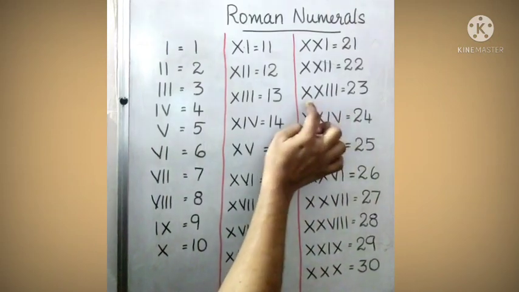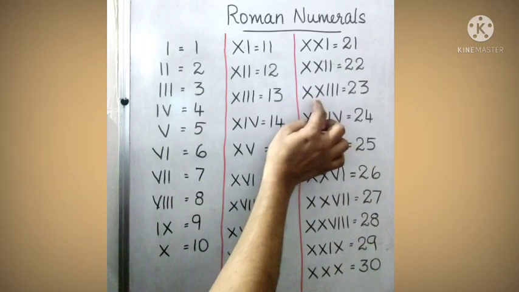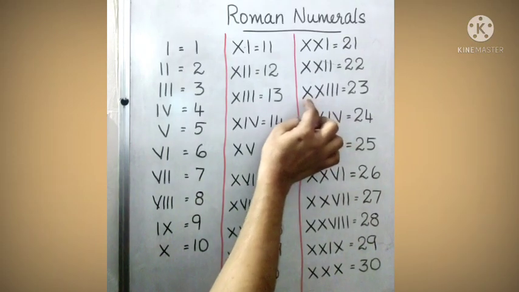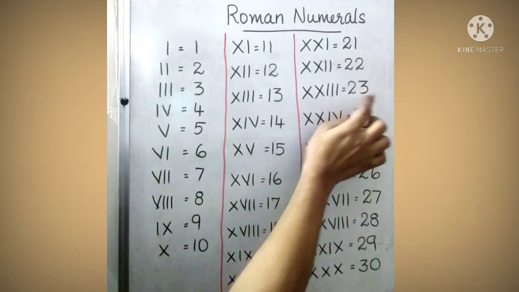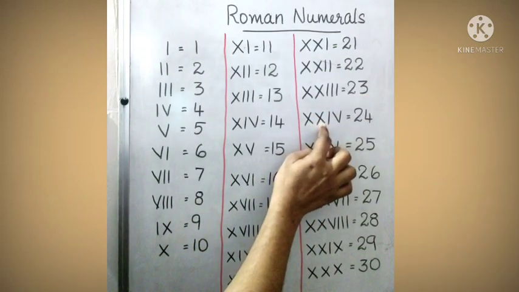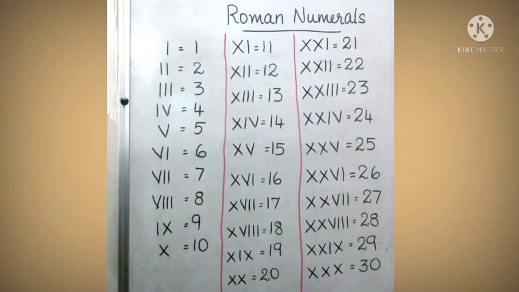Here also, 10 plus 10, Roman numerals repeated means it is added. 10 plus 10, 20. 20 plus 3, 23. 10 plus 10, 20. 5 minus 1, 4, 24.